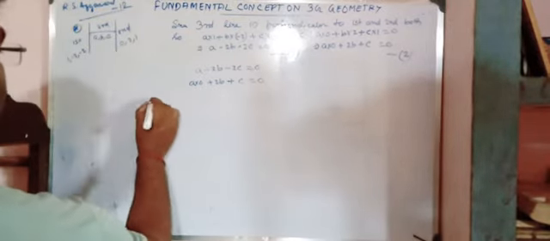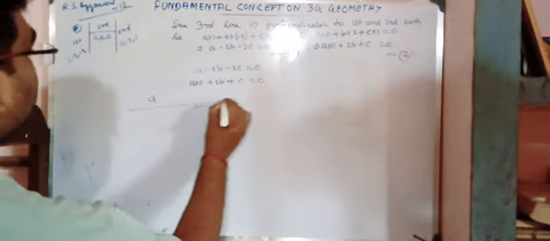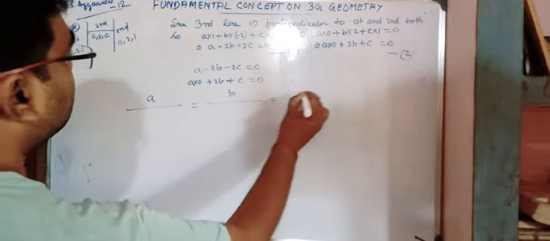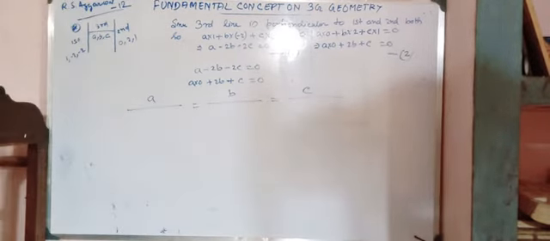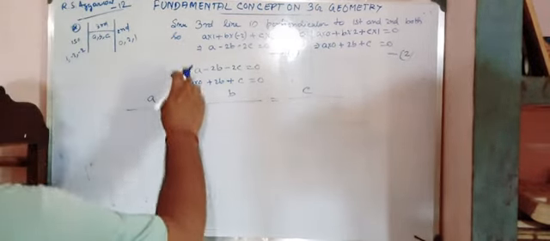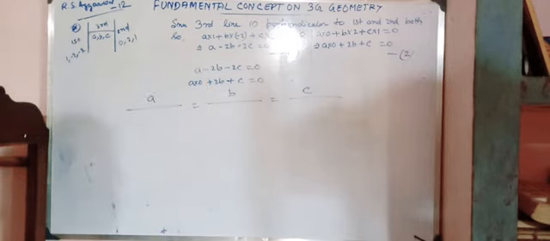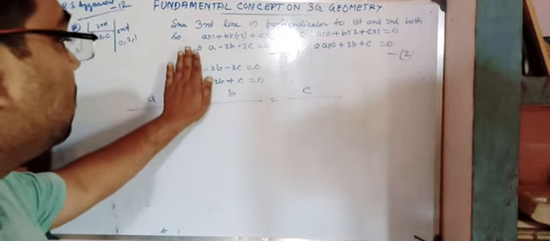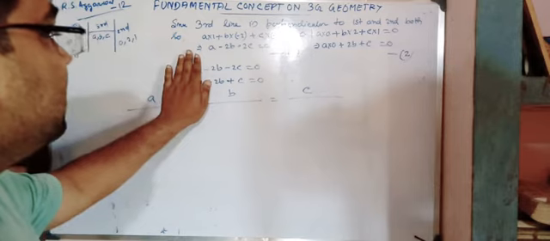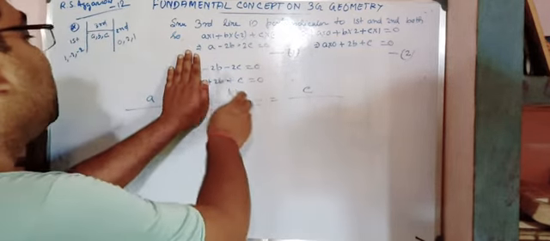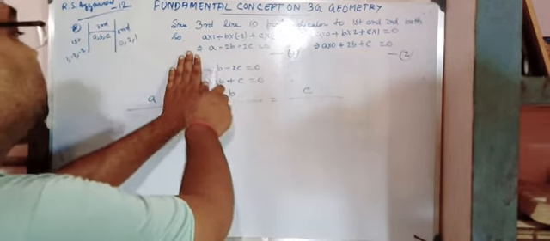So here a by, is equal to b by, is equal to c by. Now we have to find a. For that we press a over here and multiply the remaining elements in this pattern.